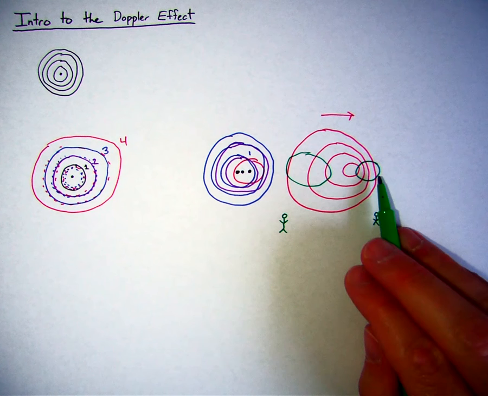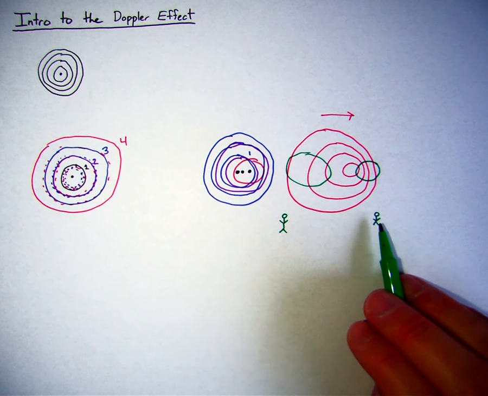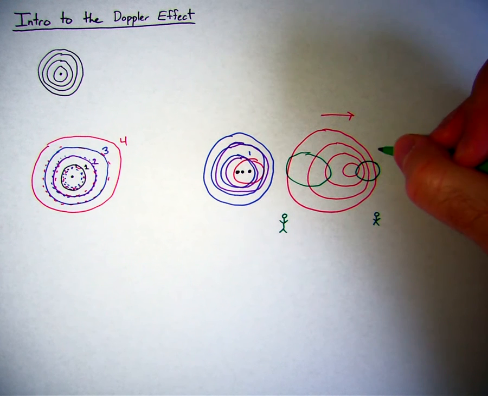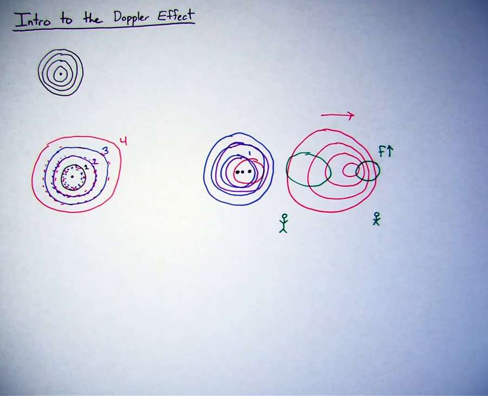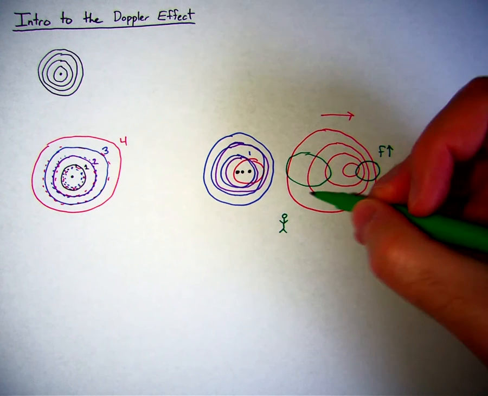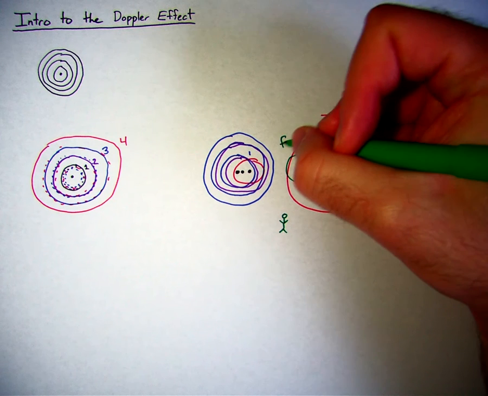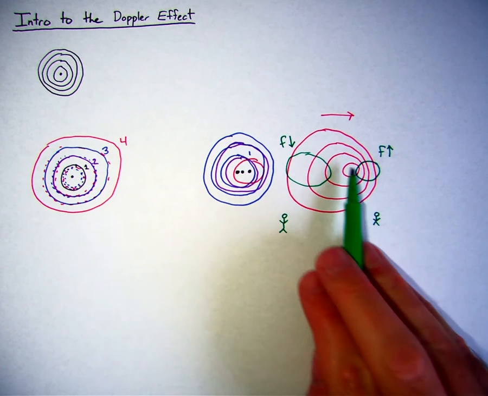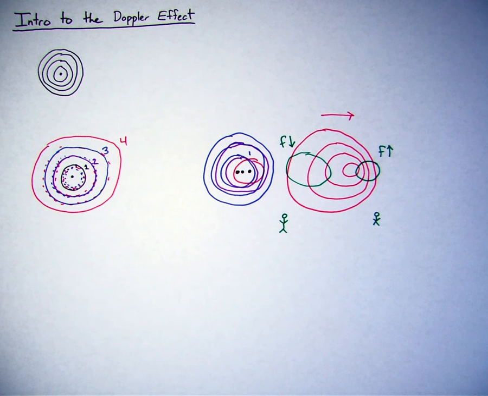The wave over here on the right, for the person it's moving towards, is more compressed. So we have a smaller wavelength and a higher frequency on that side. On the back side, you have a lower frequency, because we have a longer wavelength between the different circles.